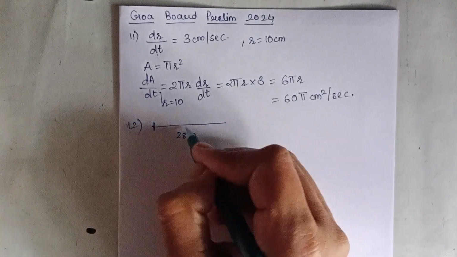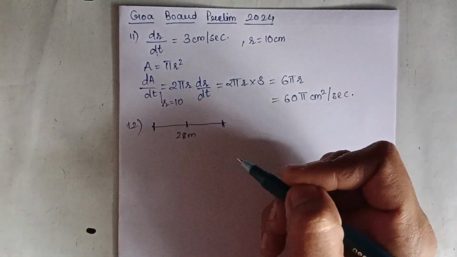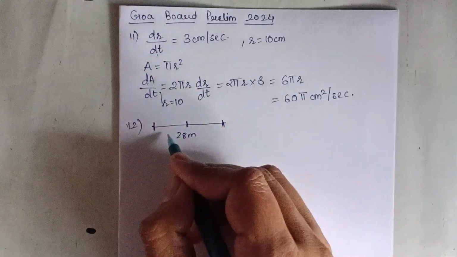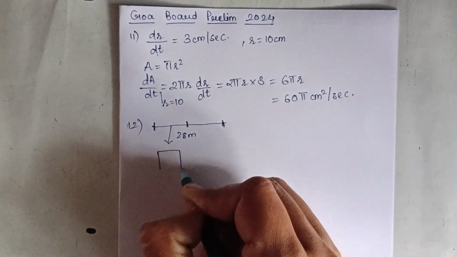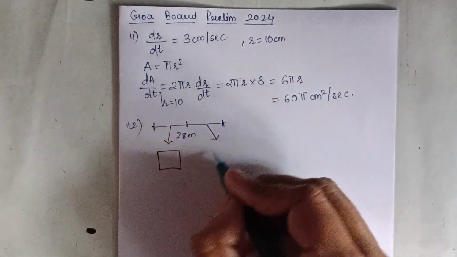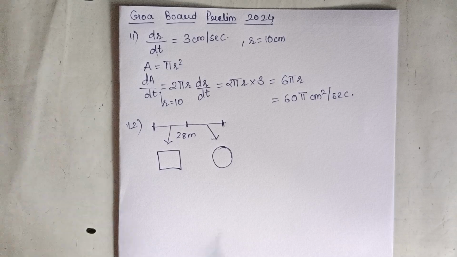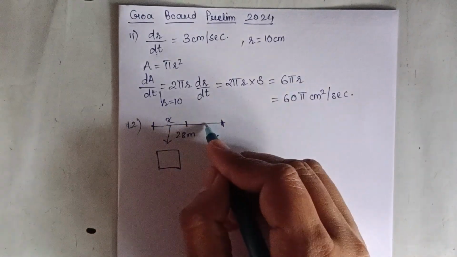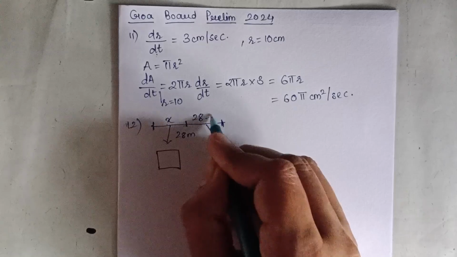It is cut into two pieces. One of the pieces is made into a square, and the other is made into a circle. So this piece, if I consider, let it be x. This length will be what? 28 minus x.